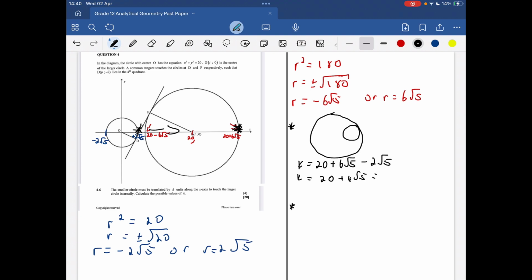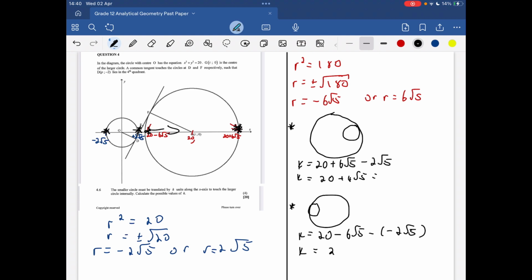The other option that we have is to move it only up until it now looks like this. Okay, that's the other option. That doesn't look very accurate. So that's going to require that this point come and touch here. Which means we need to take the x value there minus the x value there. And that is now that k is 20 minus 6 root 5 minus negative 2 root 5.